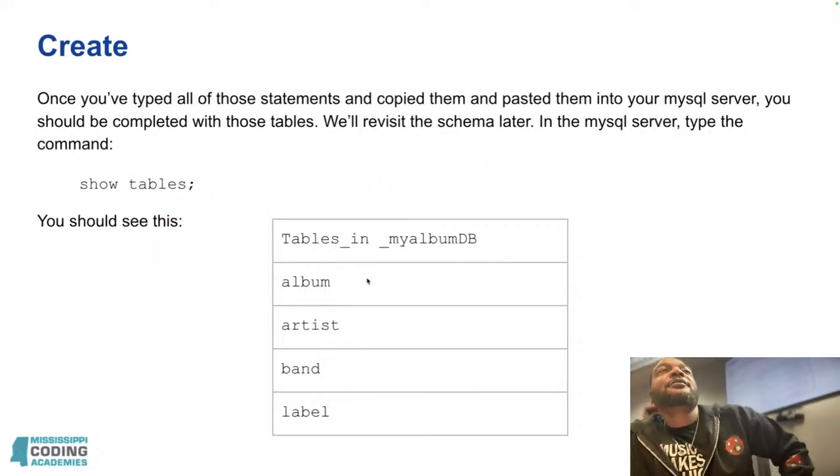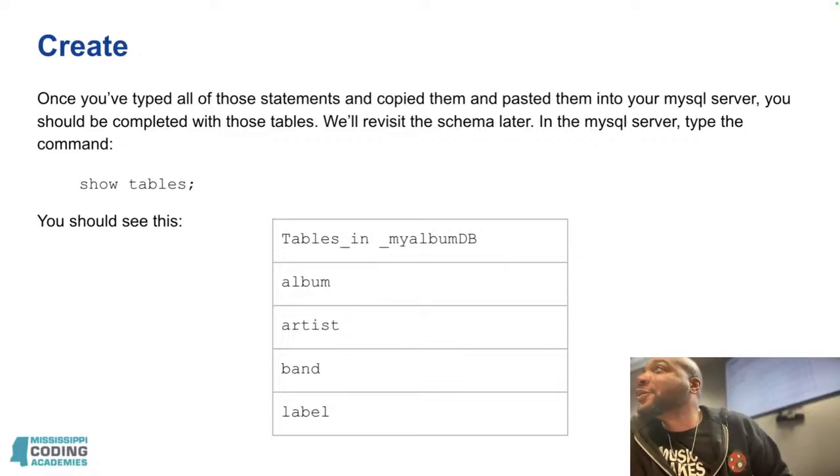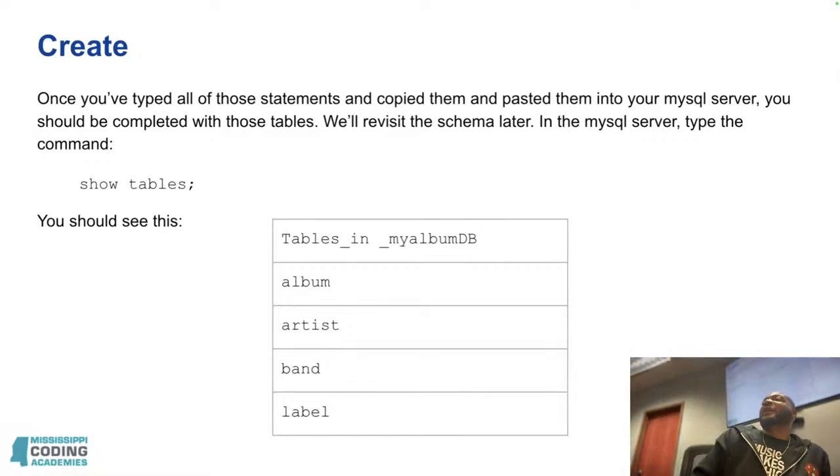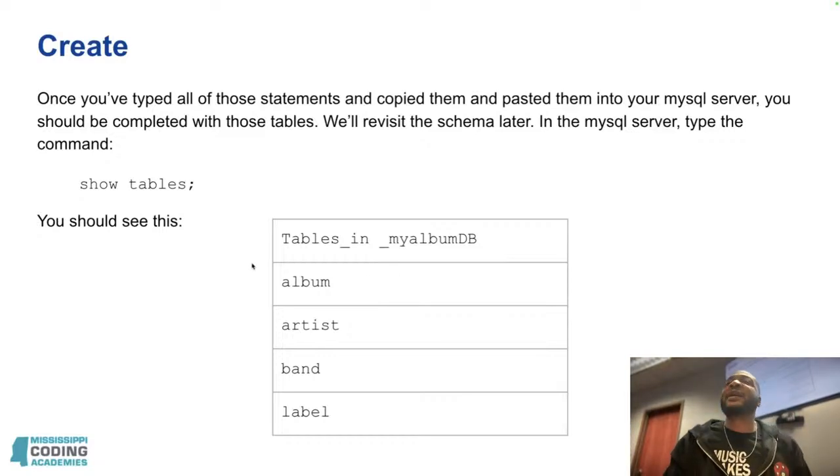All right. Once you've typed all those statements and copied them and pasted them into your MySQL server, you should be completed with those tables. We'll revisit the schema later. In the MySQL server, type the command show tables.